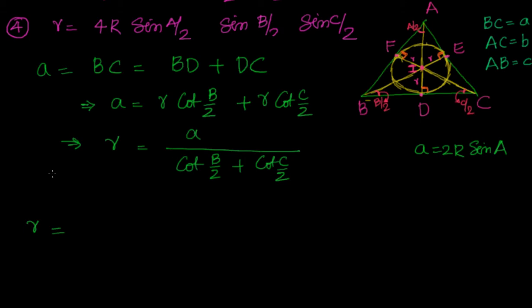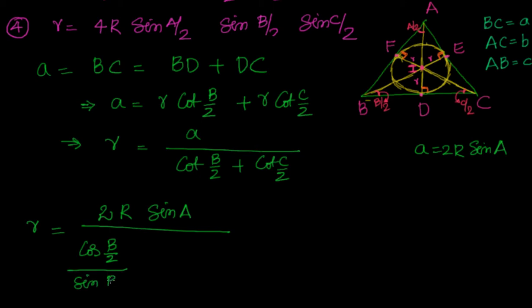So instead of a, I will write down 2R into sine of A divided by, I will make this into sine and cos, always a better way of doing it. So I will say cos of B by 2 by sine of B by 2 plus cos of C by 2 by sine of C by 2.